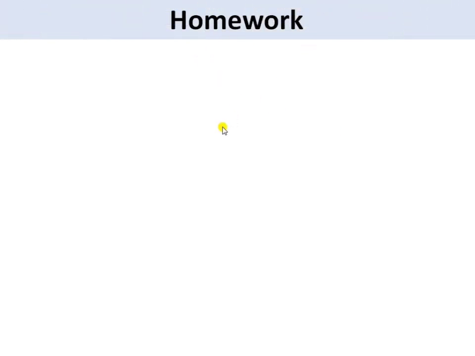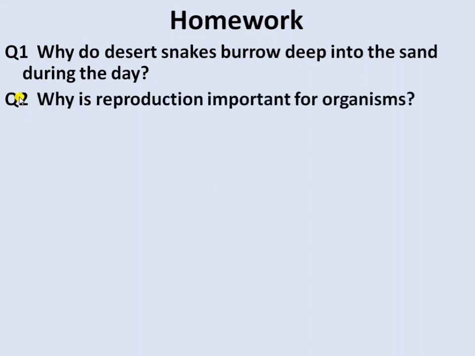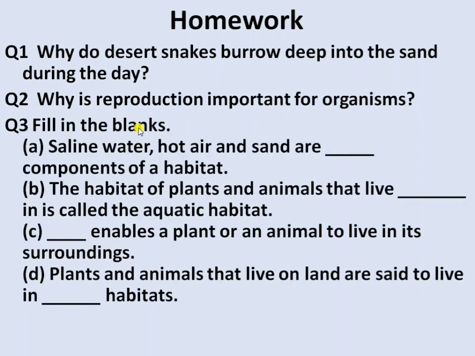Next is the homework of this lecture. The first question: why do desert snakes burrow deep into the sand during the day? Question number two: why is reproduction important for all organisms? Third one is fill in the blanks. First: saline water, hot air and sand are the components of which habitat?